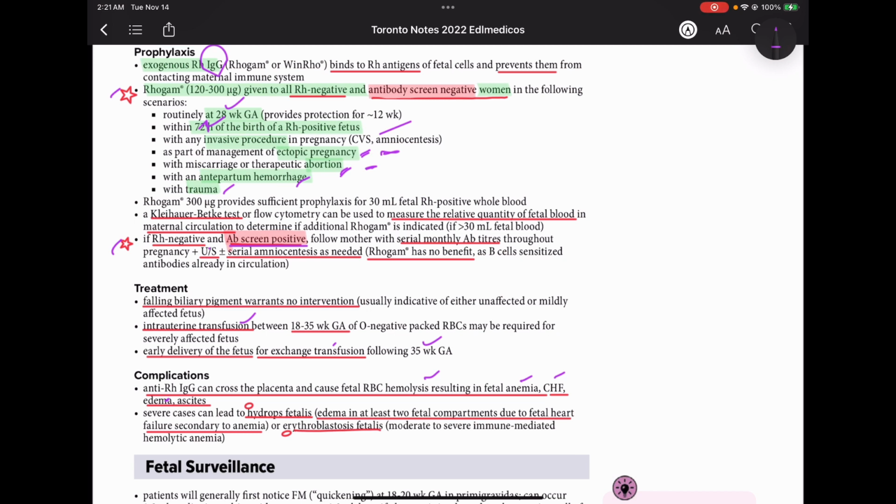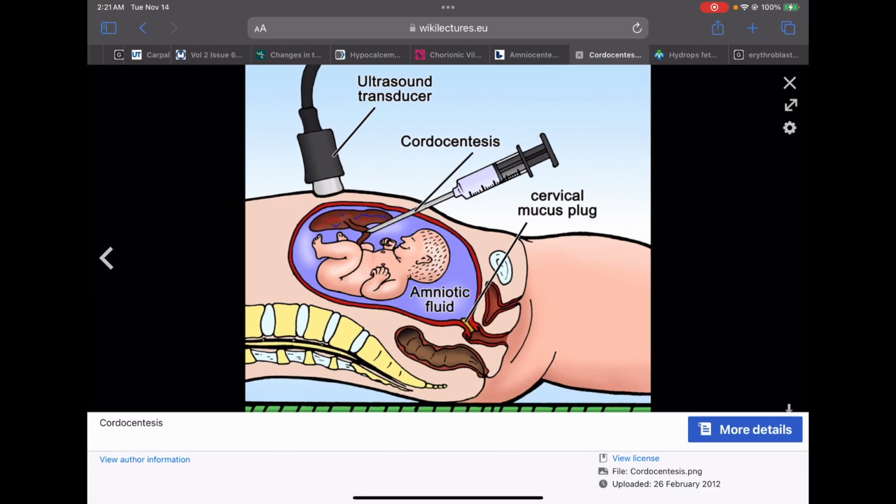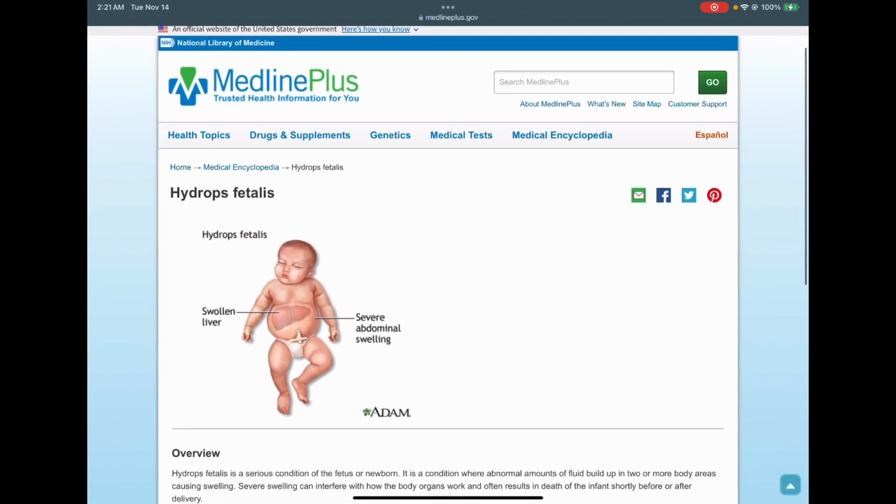Hydrops fetalis. What happens in hydrops fetalis? There's edema in at least 2 fetal compartments due to fetal heart failure secondary to anemia. So there would be edema in at least 2 fetal compartments, or there would be erythroblastosis fetalis, moderate to severe immune-mediated hemolytic anemia.